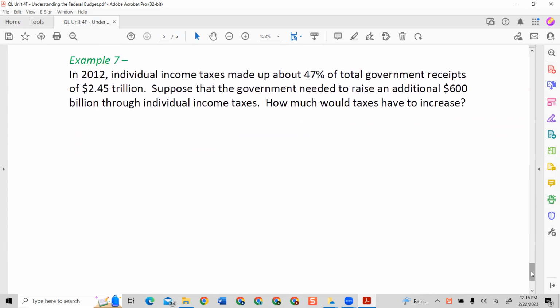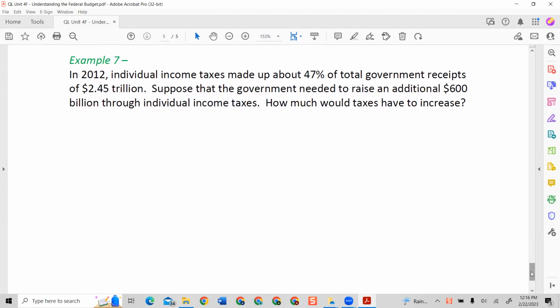Example 7 says in 2012, individual income tax made up about 47% of total government receipts of 2.45 trillion. Suppose the government needed to raise an additional 600 billion through individual income tax. How much would taxes have to increase?